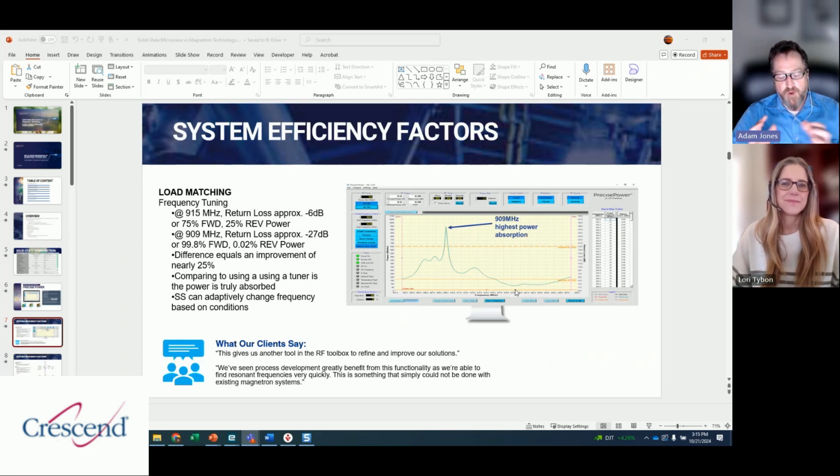So if you want to maximize the power into your load or your material, you need to be able to shift the frequency to 909 and then operate there. Then most of your energy will be absorbed in the material. Whereas if you're running at 915 or some other frequency where magnetrons only work, you'll have much less absorption in the material, and that equates to lost efficiency or degraded performance.